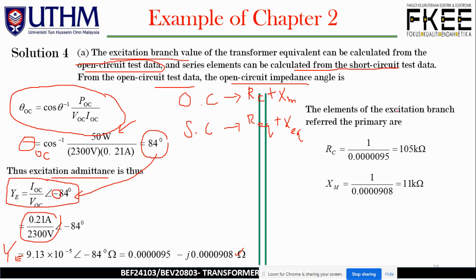So the elements of the excitation branch referred to the primary, RC and XM, are 10 k ohms and 1.1 k ohms. So we have done with the RC and XM.